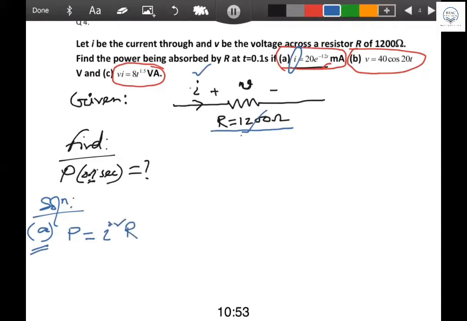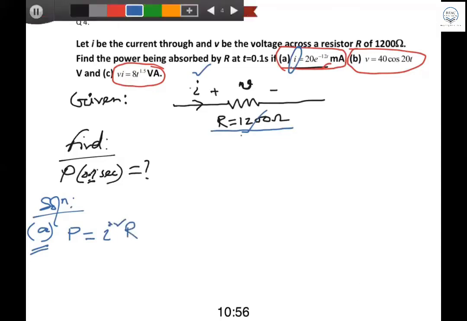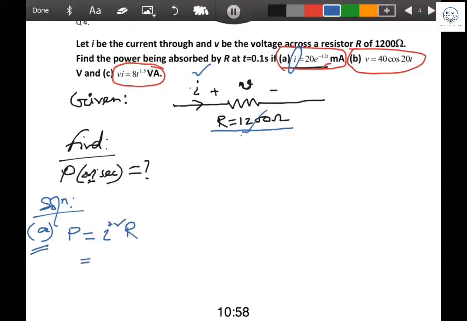Now, if it is I squared R, tell me what is I? I is given here as 20 into e to the power minus 12t, and t is 0.1 second.